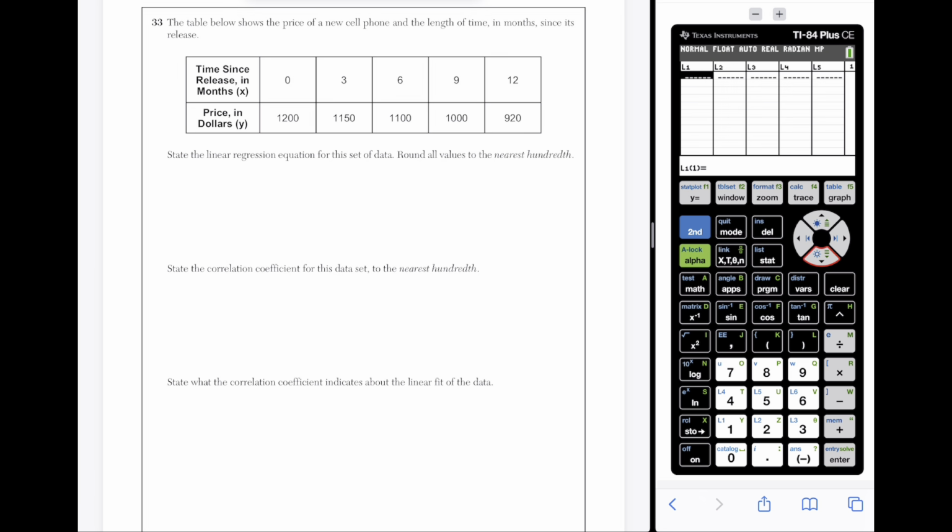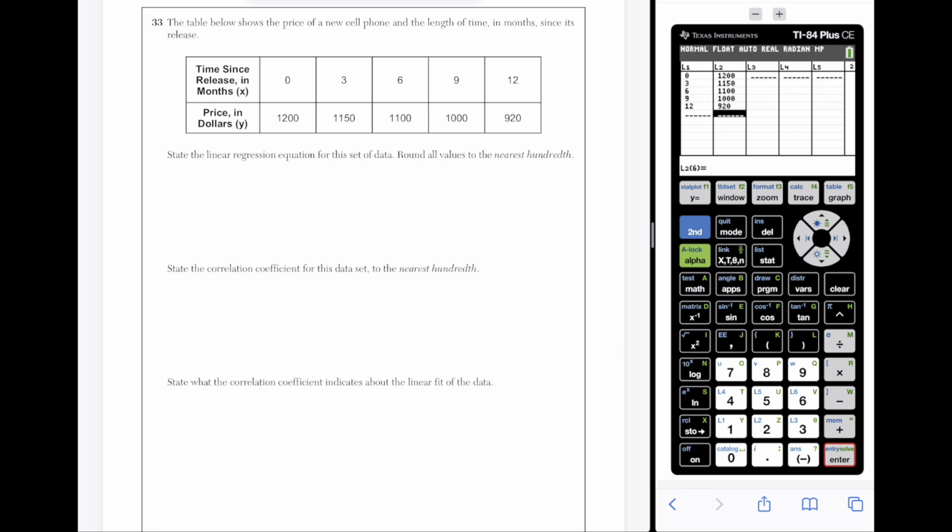And I'm going to put in our numbers in here: 0, 3, 6, 9, and 12. And then on the other side, 1200, 1150, 1100, 1000, and 920.